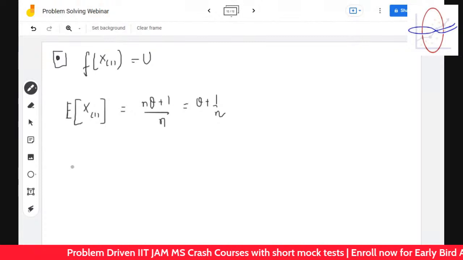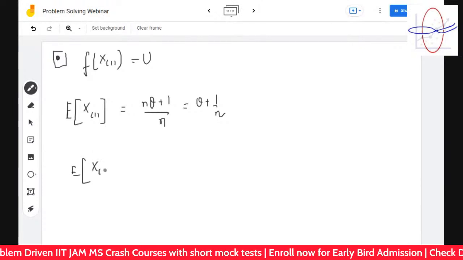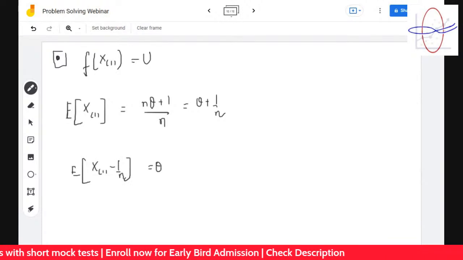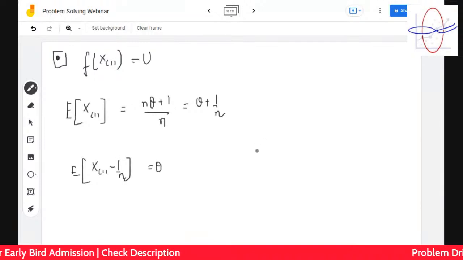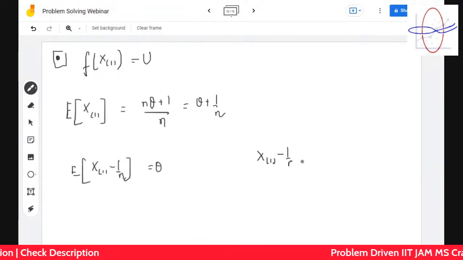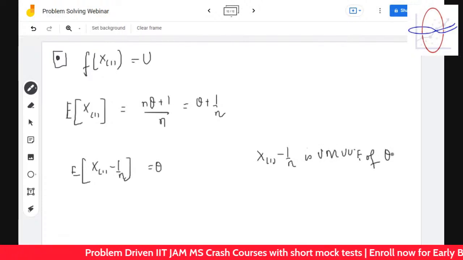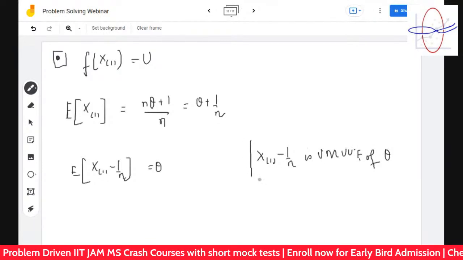And you can easily understand that expectation of x1 minus 1 by n is theta. So we can tell that x1 minus 1 by n is the UMVUE of theta, but not theta square. Remember that. It's an UMVUE of theta, but not theta square.